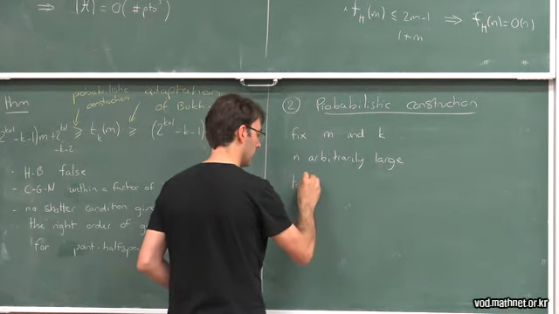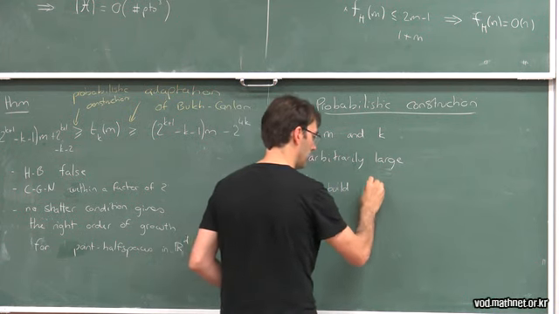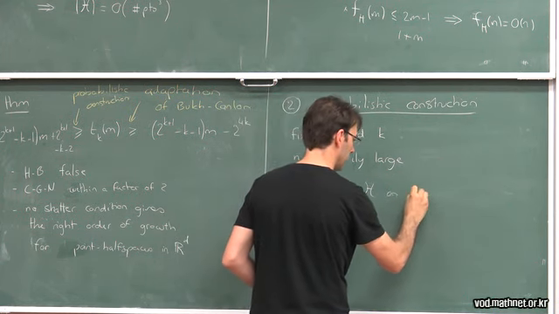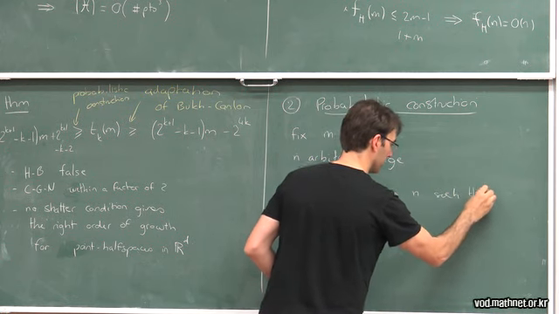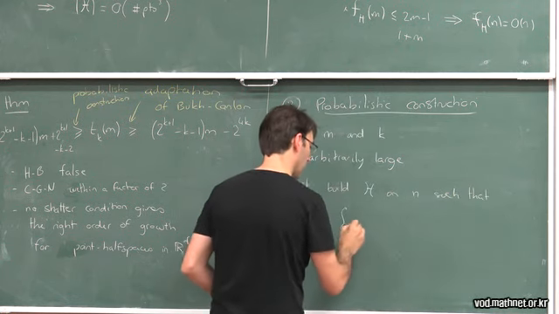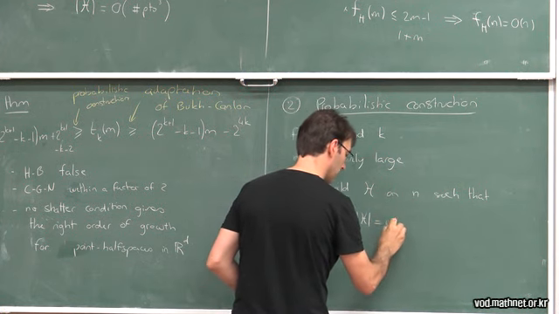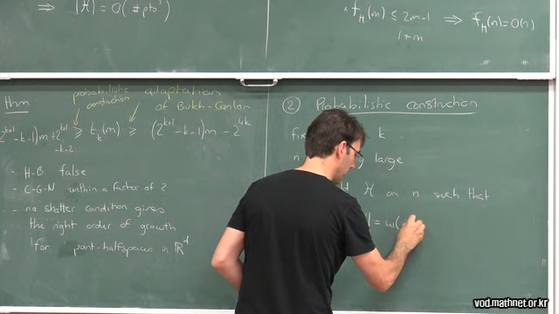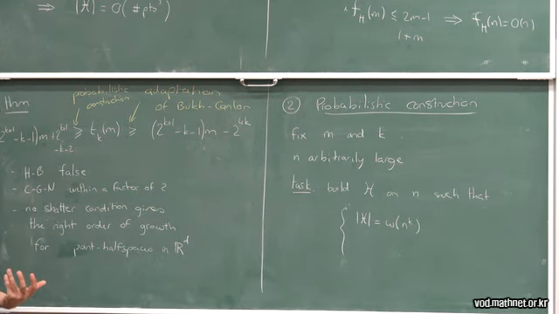So the task: build H on n vertices such that two things happen. One thing is that the size of H should grow quicker than n to the k, on one hand.